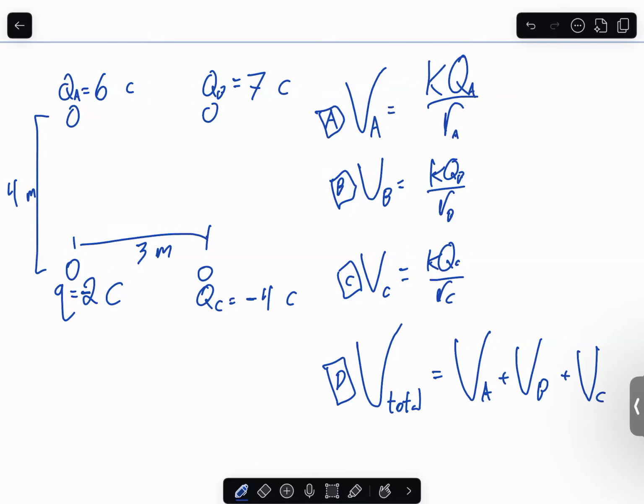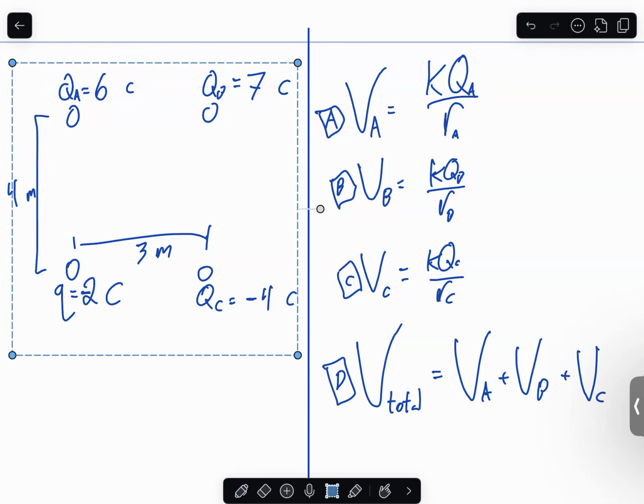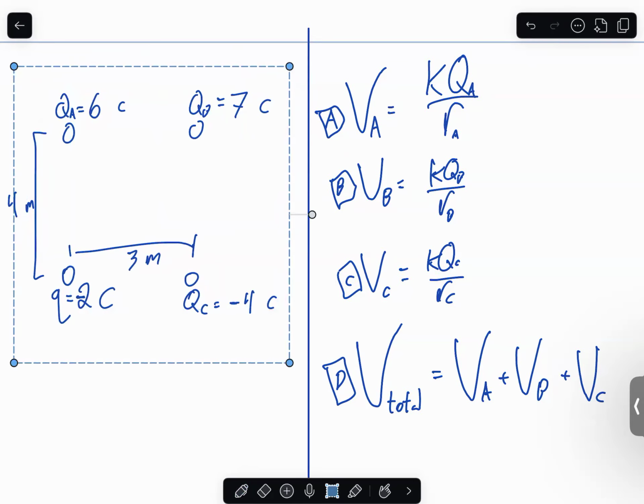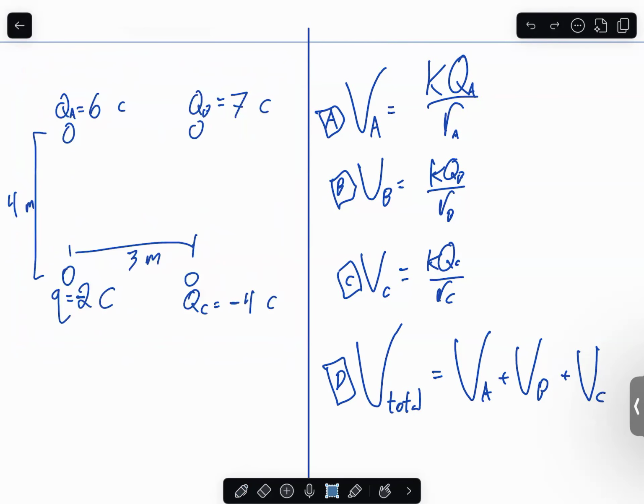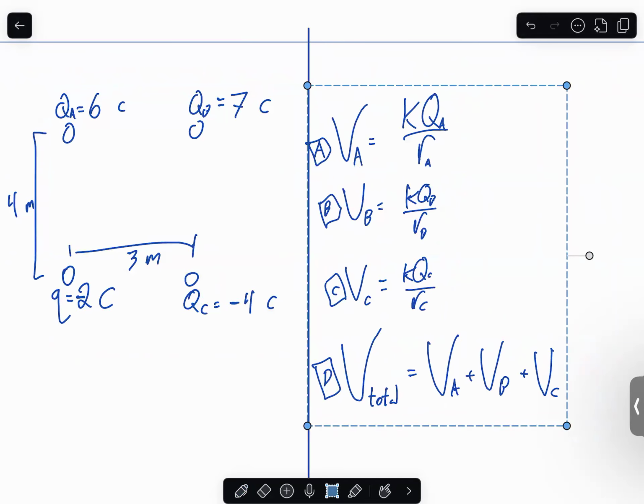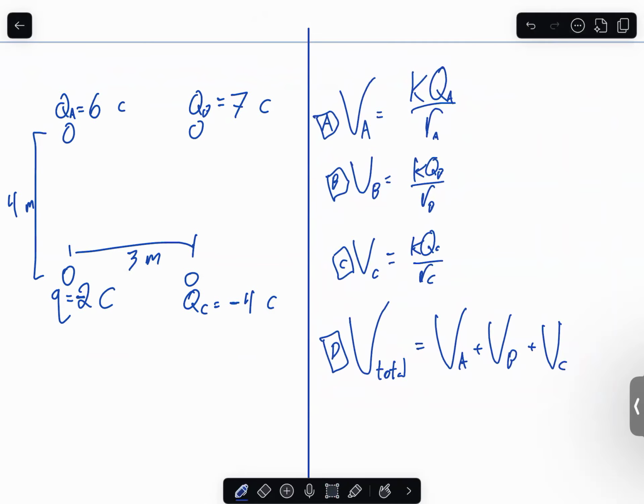$9 billion, just like before. Dalma, identify what charge is A. Look at where A is relative to where you're asked about.